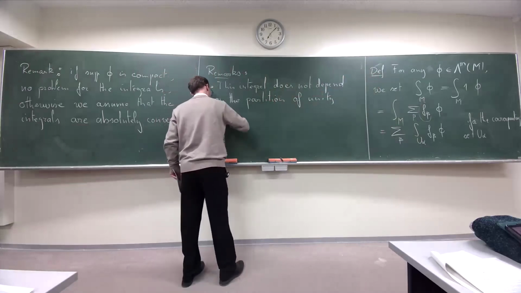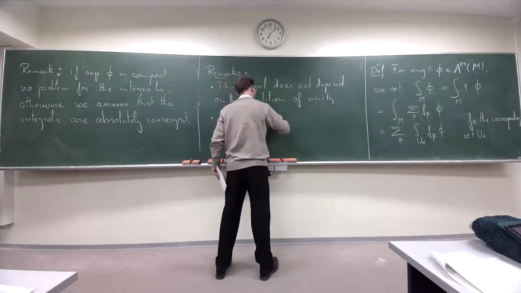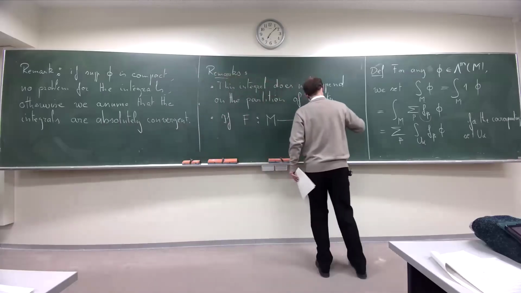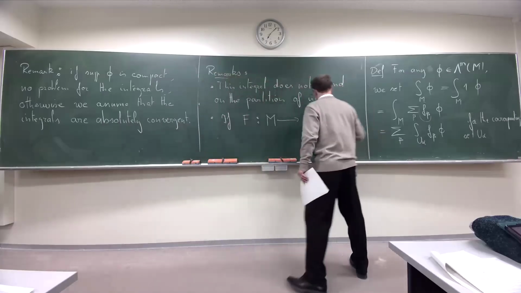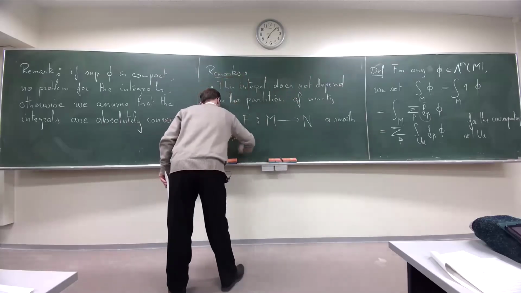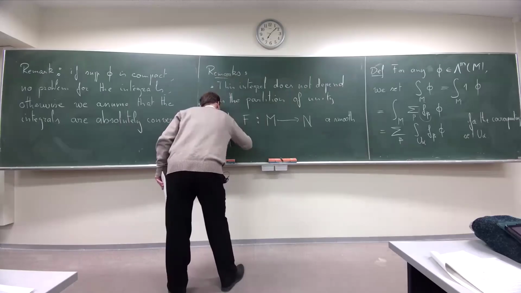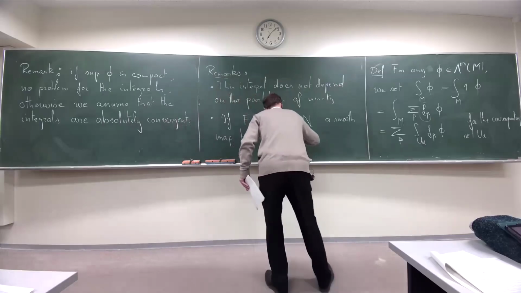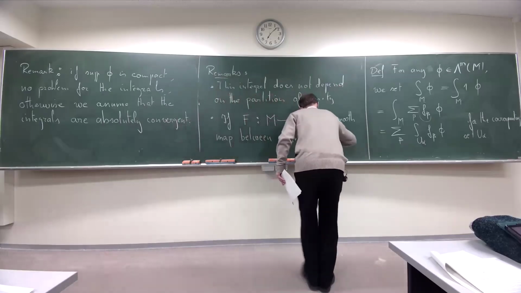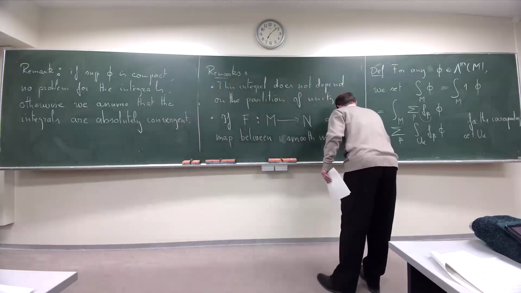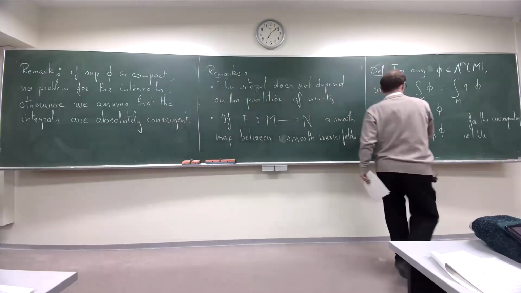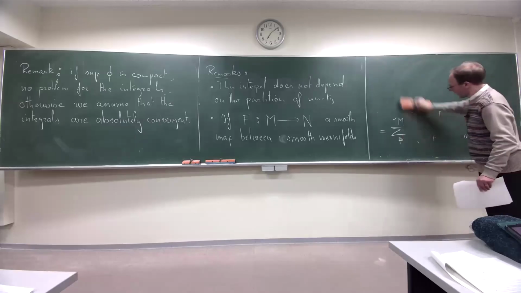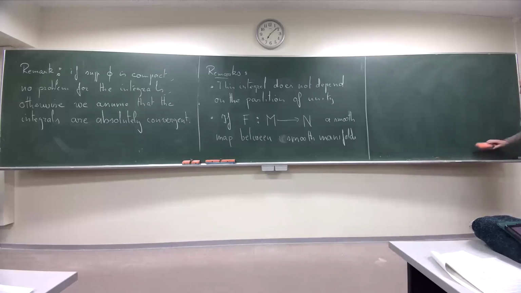You remember we sometimes have a smooth map between two manifolds, a smooth map between smooth manifolds. And you remember when we have a smooth map between manifolds, we can pull back a tensor field from one to the other.